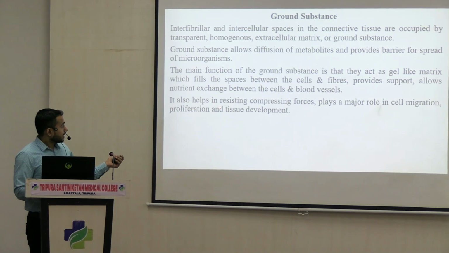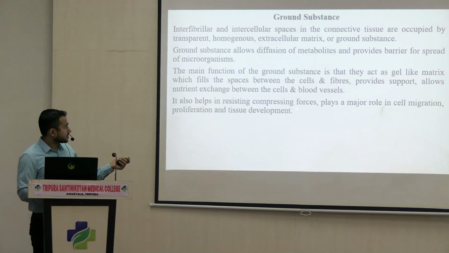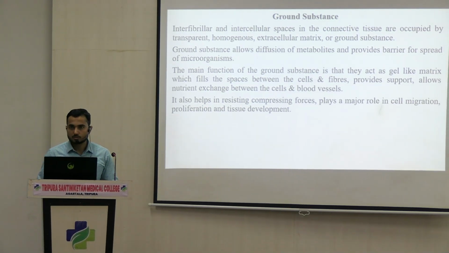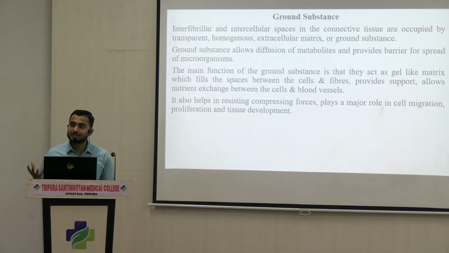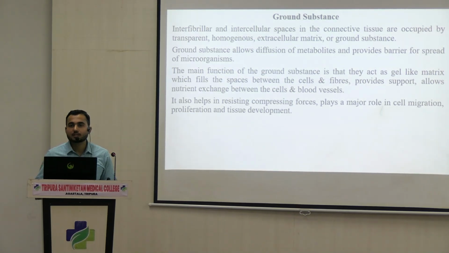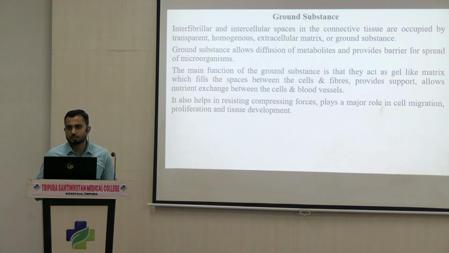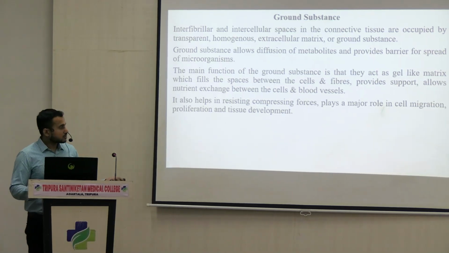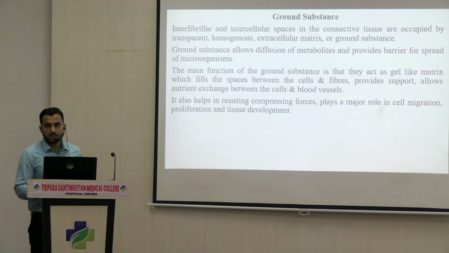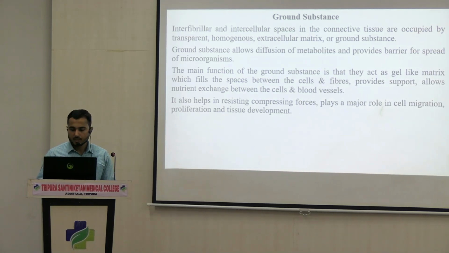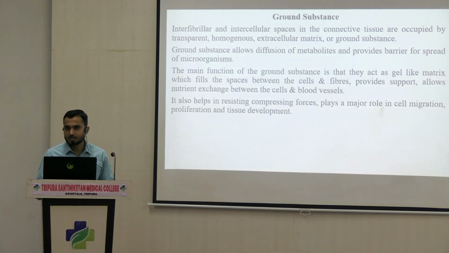Now this ground substance helps in resisting compression force. When compression force is applied, because of the gel-like consistency, it resists the compression forces. It also plays a major role in cell migration, proliferation, and tissue development. So these are some important features and functions of the ground substance.